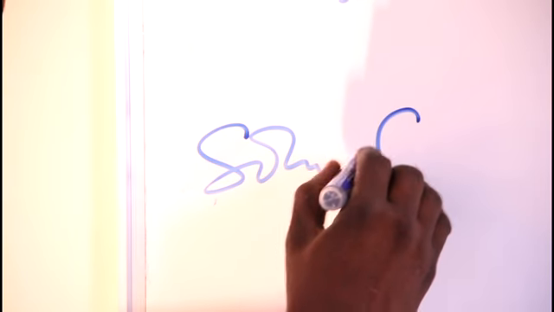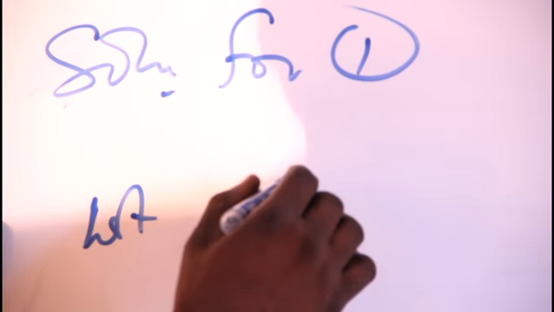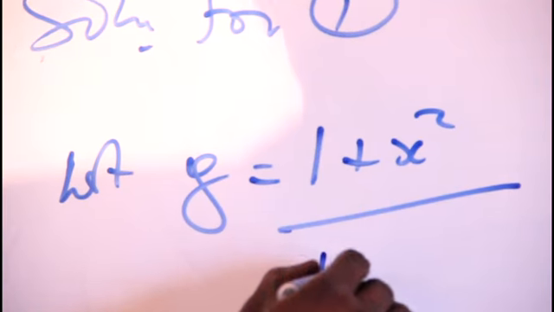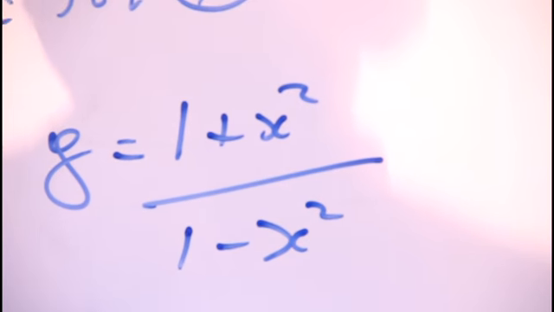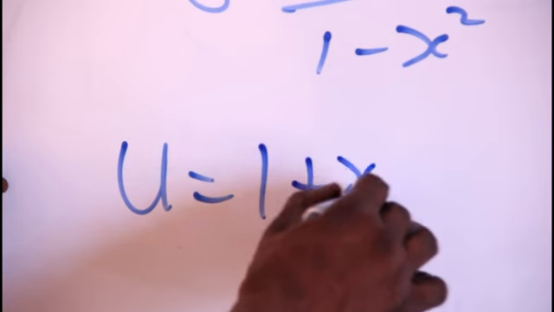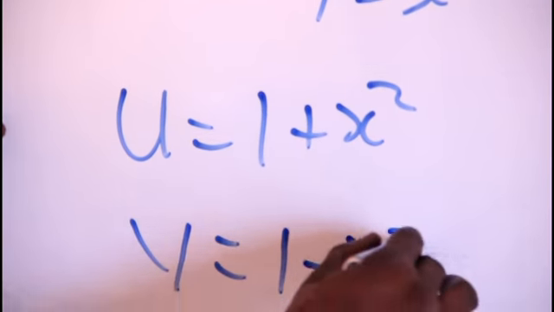Solution for question 1. Now I will say let y be equal to 1 plus x squared over 1 minus x squared, and I also say such that u is equal to 1 plus x squared and v is equal to 1 minus x squared.